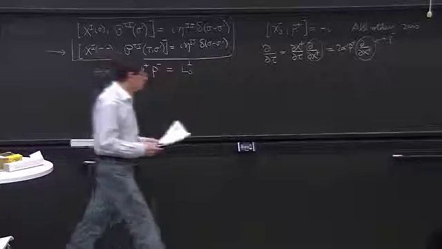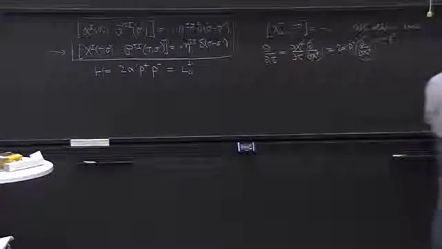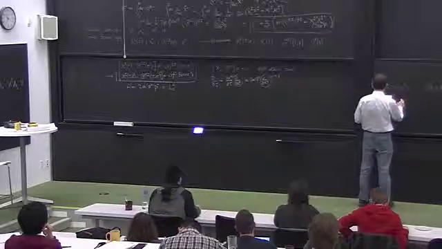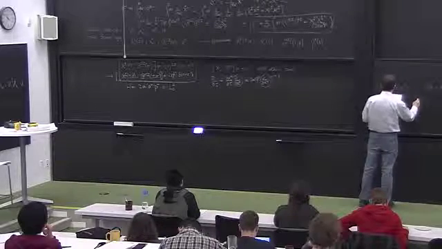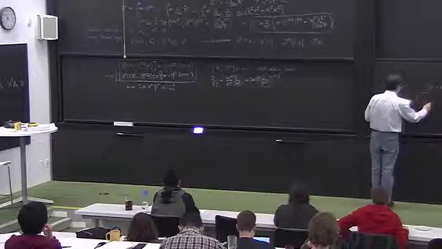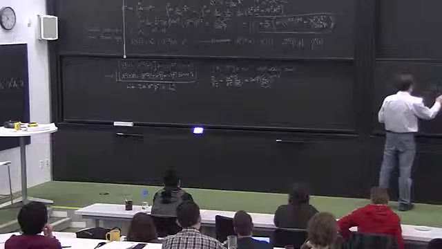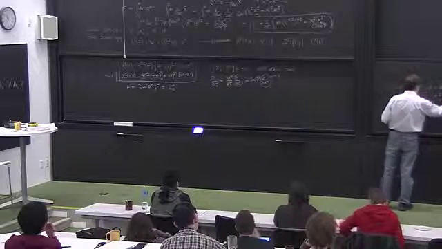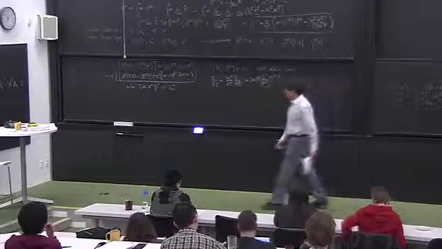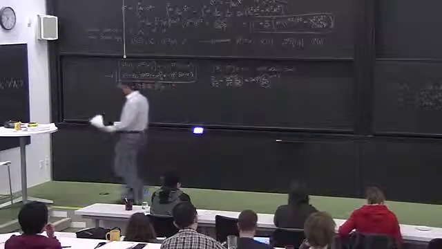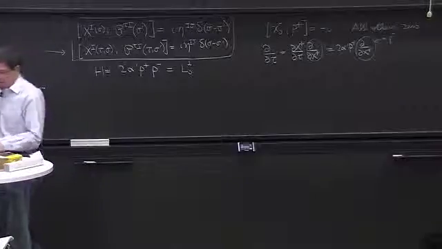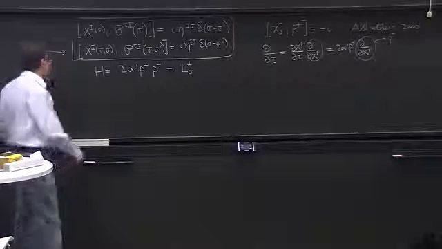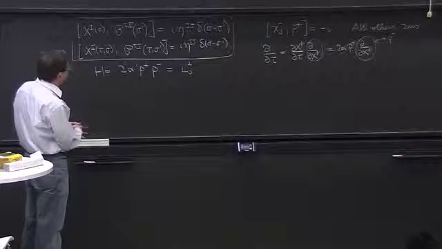Yes, we found the L_n were this sum of alpha_{n-p} alpha_p, and these were numbers, and that's sensible. Your Hamiltonian is time independent in any reasonable way.